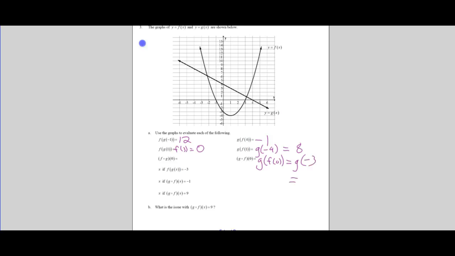And g of negative 3 is 7. f of g of 0, so the other way around. So now it's g of 0 first. So g of 0 is 4, and then f of 4 is 5. Then it gets complicated.